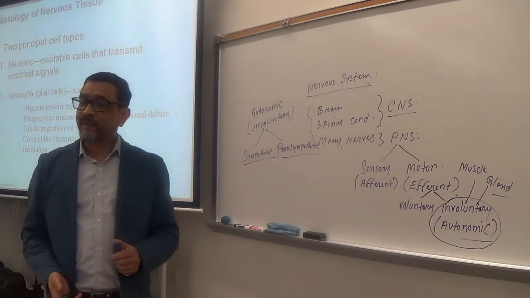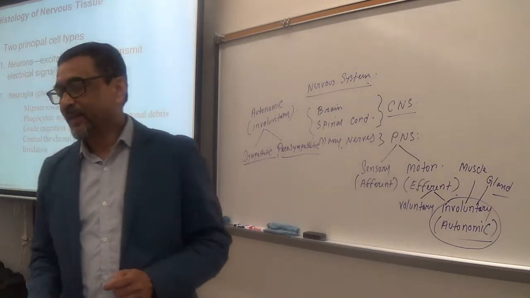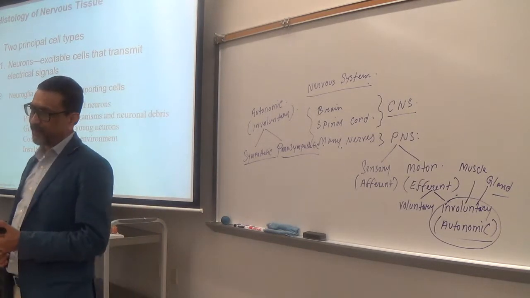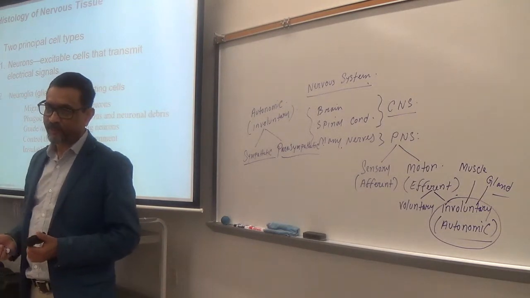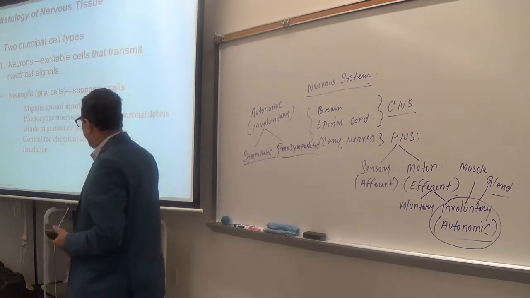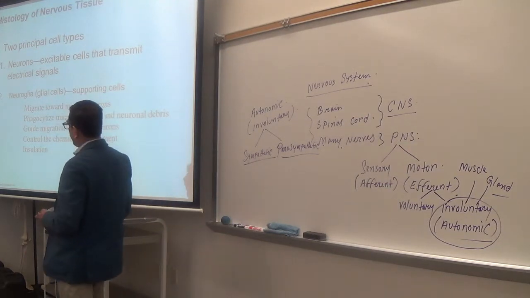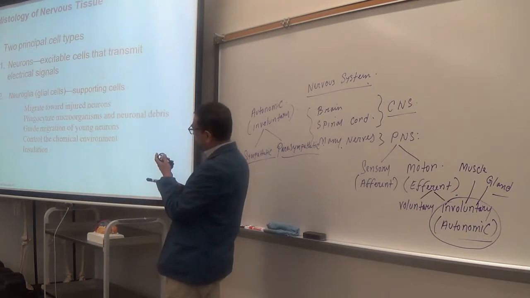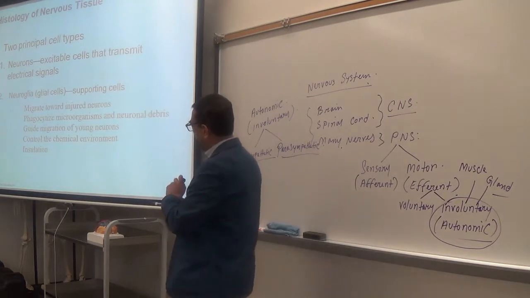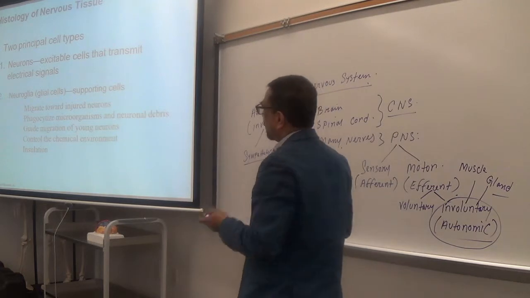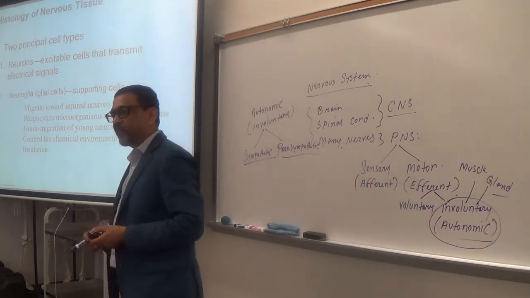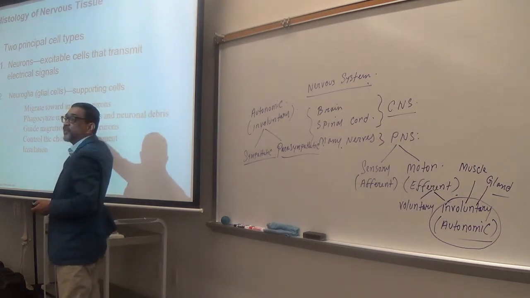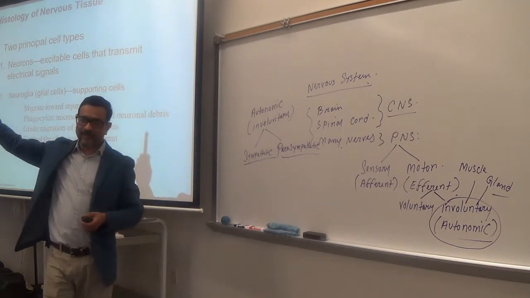Neuroglial cells are supporting cells, and there are many different types of neuroglial cells in your nervous tissue. Important ones, we'll talk about some important neuroglial cells. Before that, just know the important functions of neuroglial cells. Some neuroglial cells can move towards the site of injury. Not all.